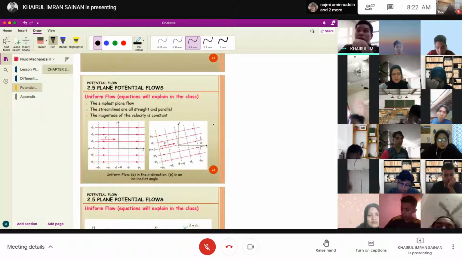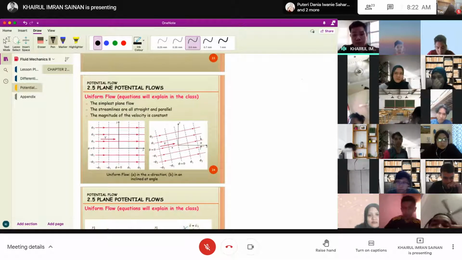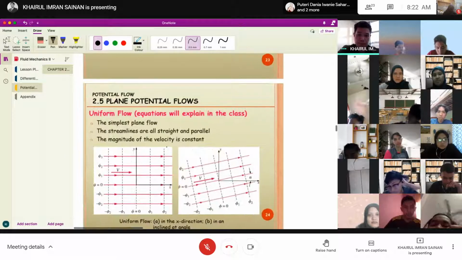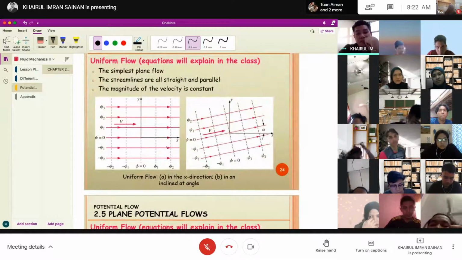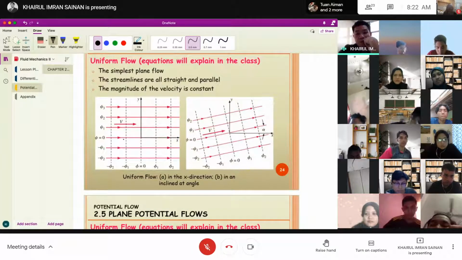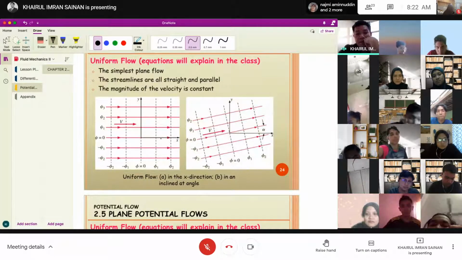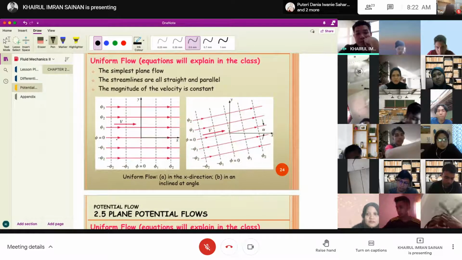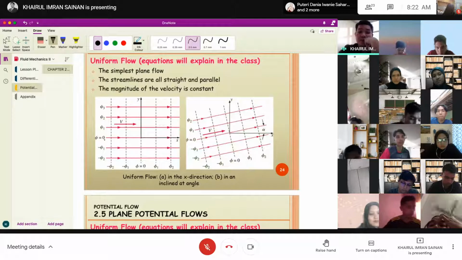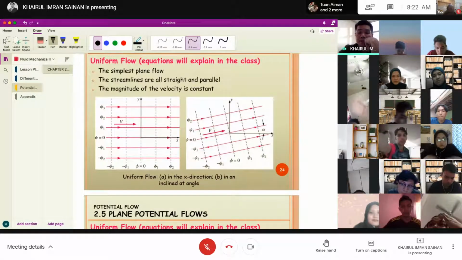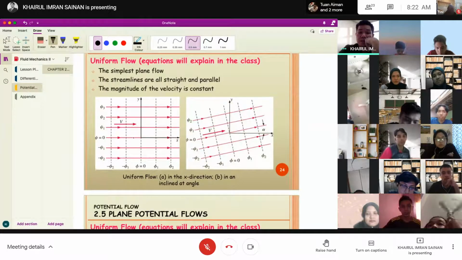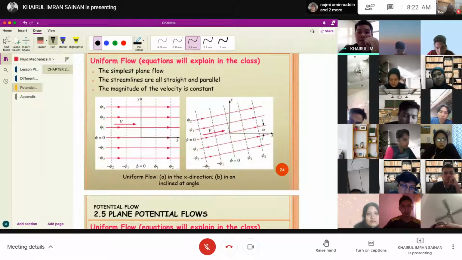If you see here, we have the psi. Normally, the one at the axis, you put that as psi 0, because it's positioned at the x-axis. And then you have psi 1, psi 2, and psi 3.